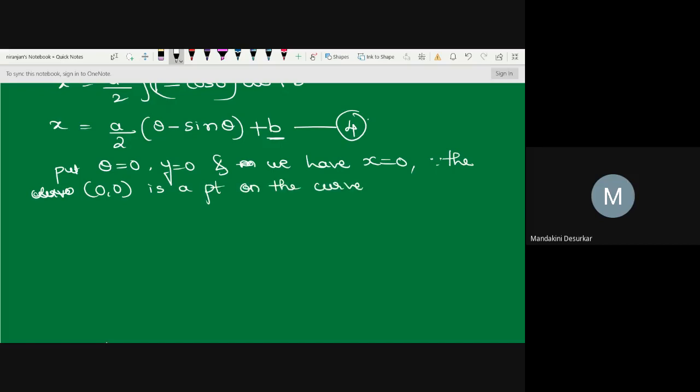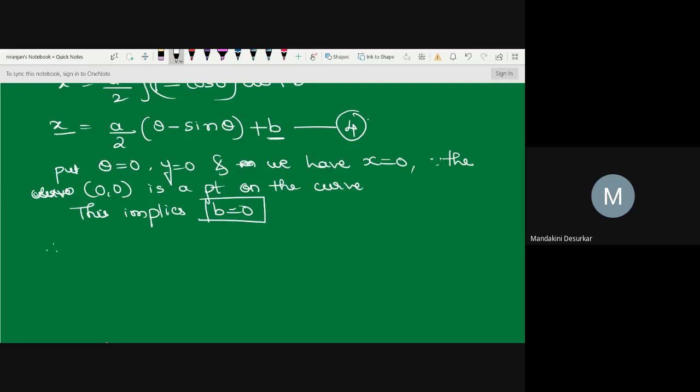We start from O, no? O is at the origin. So when x is 0, what will be the value of b? This implies b is equal to 0. When x is 0, everything is going to be 0. So b is 0.